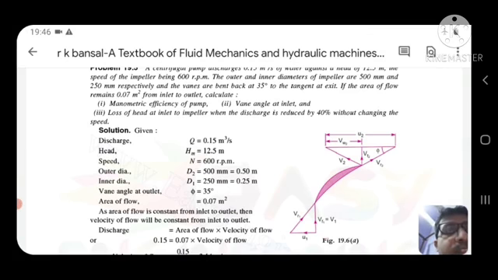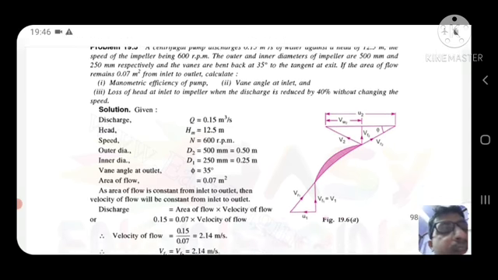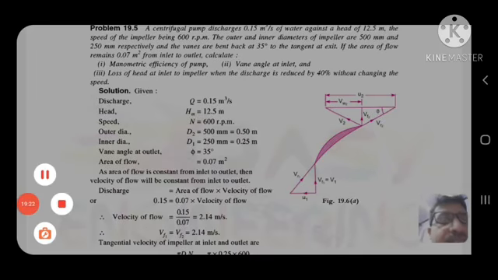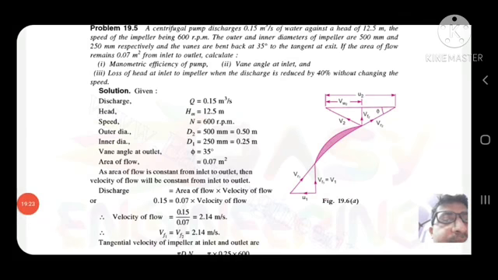Area of flow is 0.7 meter square at inlet and outlet. Calculate manometric efficiency of the pump. So Q is equal to 0.15 meter cube per second, Hm is 12.5, N is equal to 600 rpm. You write down one by one.